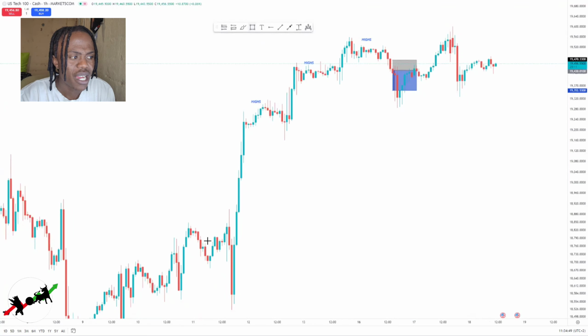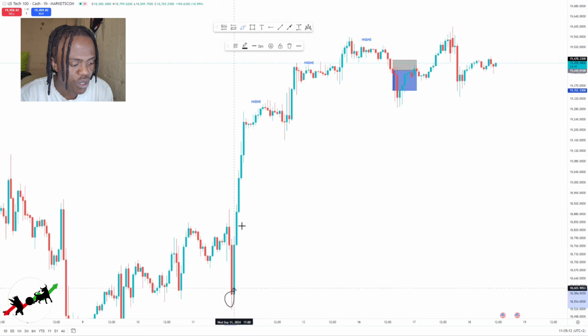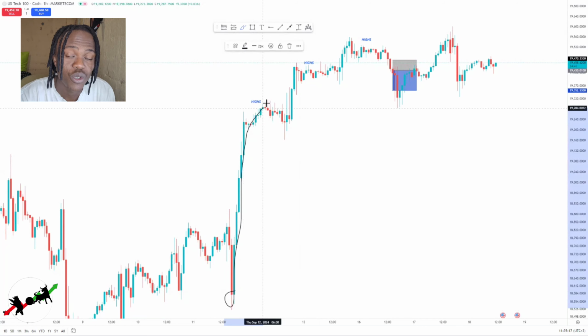So price is bullish, right? From the lowest point that price has printed, from this low, you can tell price gave a strong push to the upside, creating these highs, right?